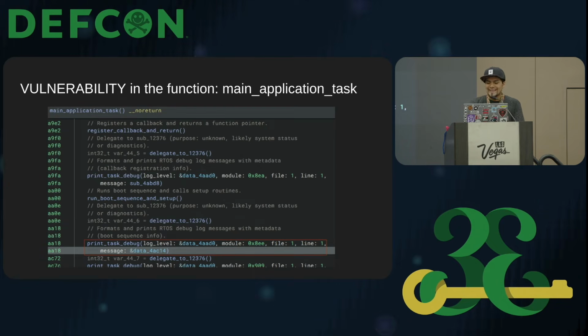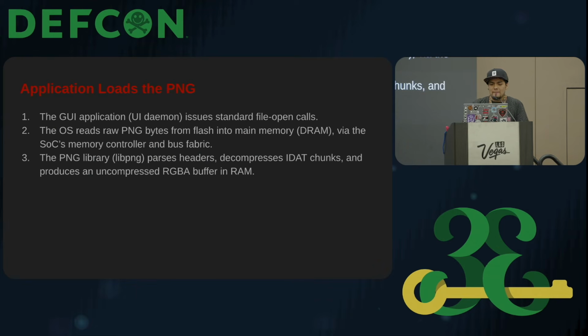So here we have the vulnerability, because in this slide appears the file system mounting process. Okay, but what is going on here? The GUI application, the UI daemon, executes file open calls to the operating system.